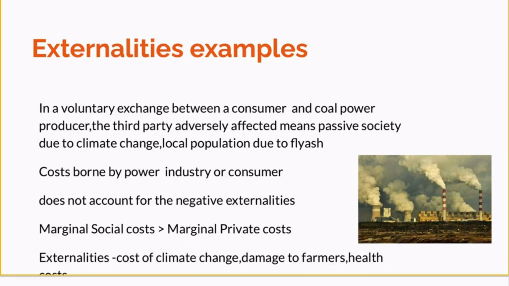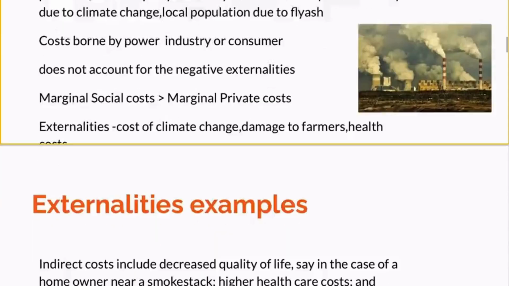So the social cost would be different than the private cost if the cost of negative externality is added to it. So that is the meaning of social cost being greater than private cost in case of negative externalities.